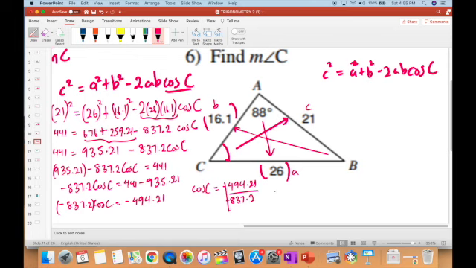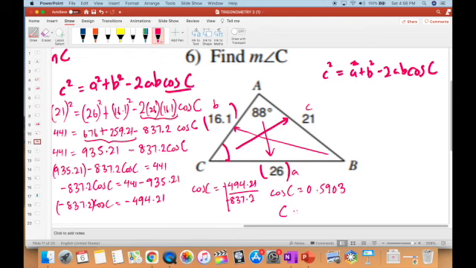The error is probably somewhere in terms of the negative, right? So therefore, the cos of C is equal to 494.21 divided by 837.2, which is 0.5903.